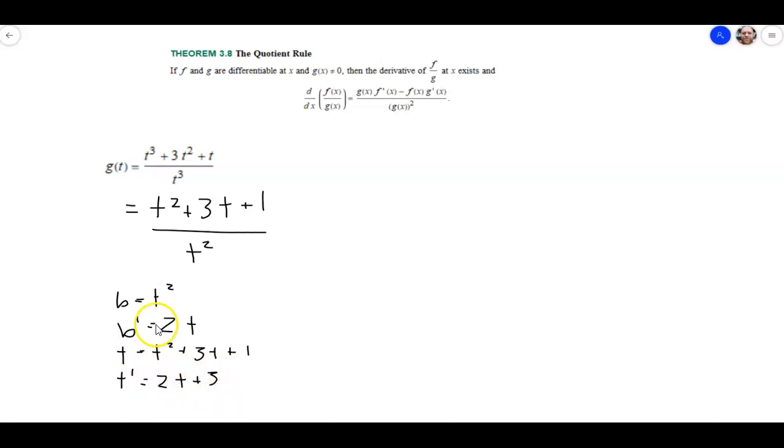Alright, now that I know all this, I just need to put it in this formula here.